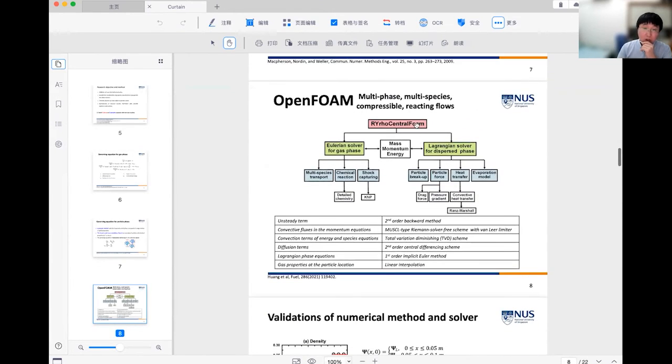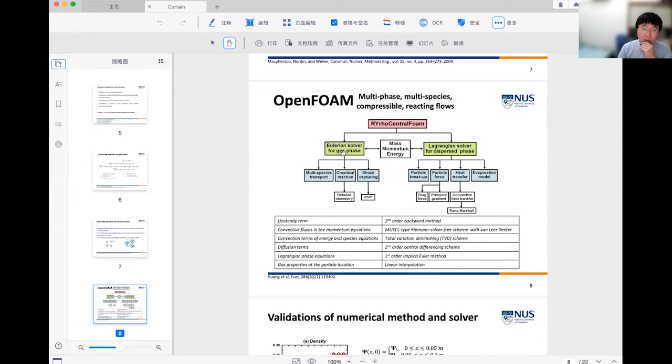The gas phase and the particle phase equations are solved with our solver, which is developed from the standard solver in OpenFOAM. Our group solver can resolve multiphase, multi-species, complex, and reacting fluids. This figure shows the key structure of the solver.